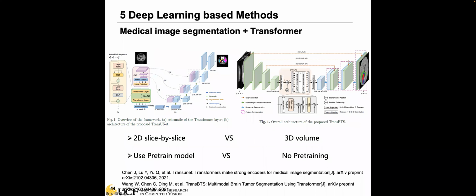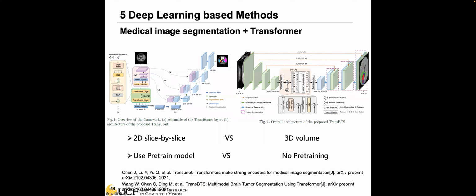Let's put them side by side. A couple of main differences: TransUNet is a 2D approach, so you do the segmentation slice by slice. But the TransBTS approach is a 3D network. You take the original 3D volume and you can do this in one go. You don't have to do the segmentation slice by slice.